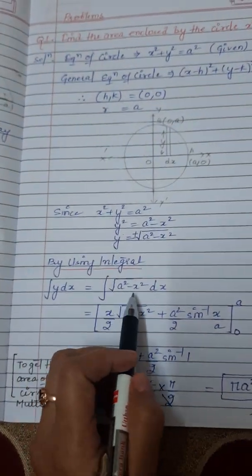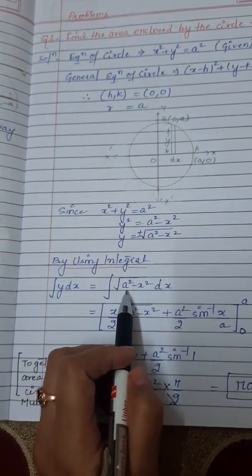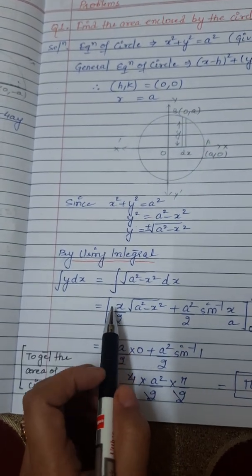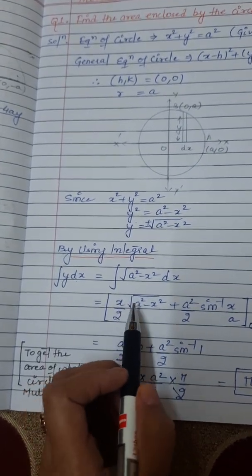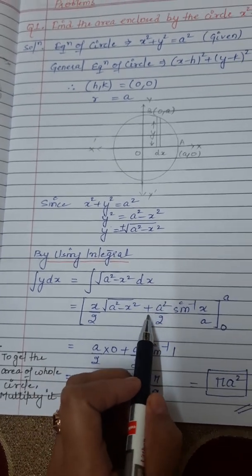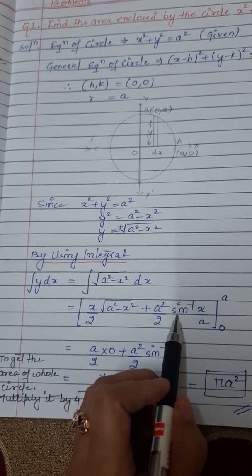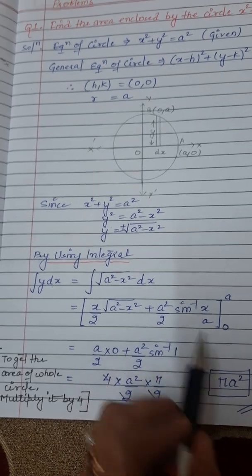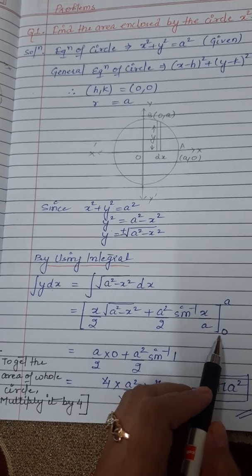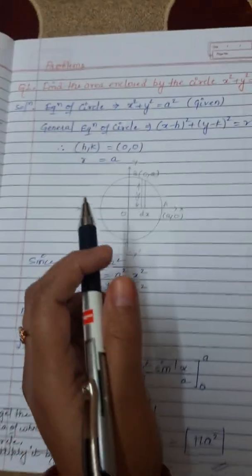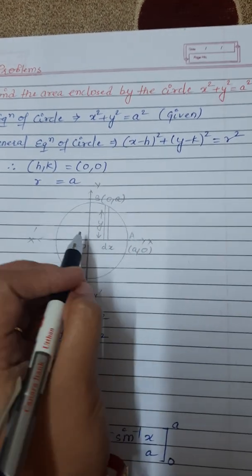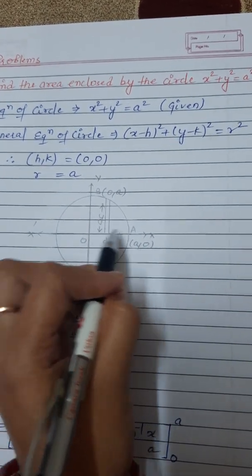You know the formula of this. You have already read in this chapter, which is equal to x upon 2 under root a square minus x square plus a square upon 2 sine inverse x upon a. Now here you can see the limit 0 to a. Because we are finding the area only of this quadrant, so the limit is 0 to a.